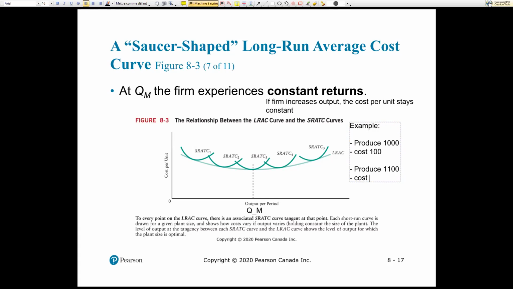Yes, 110. So cost per unit is 10, and here cost per unit would be 1,100 divided, would again be 10.